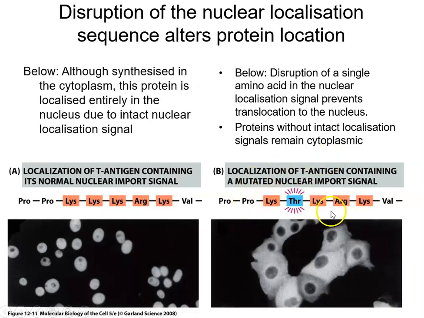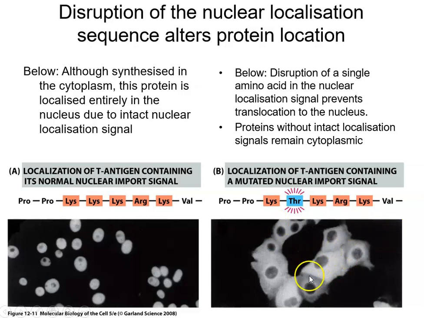Conversely, this experiment has been done where the large T antigen has been mutated, where this threonine here has been introduced where there is previously a lysine. The effect of that is we can now stain for this protein and see the outline of the protein packed in the cytoplasm with effectively no protein in the nucleus.